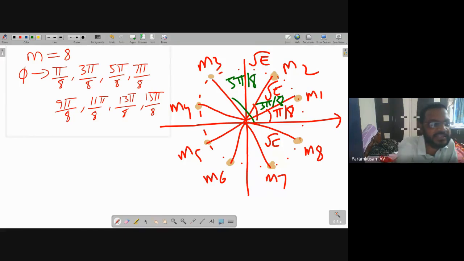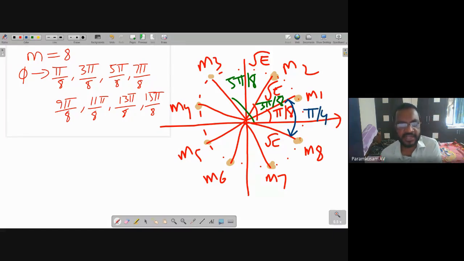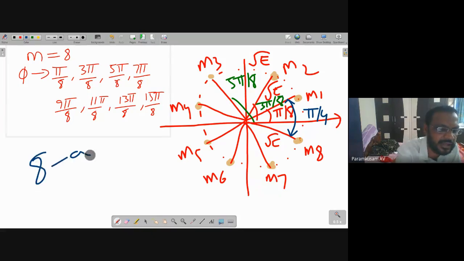Then what is the phase difference between any two points? ఏదైనా రెండు పాయింట్ల మధ్య ఫేజ్ డిఫరెన్స్ 2π/8 అంటే π/4. Like that. See, it is an example of 8-ary PSK.